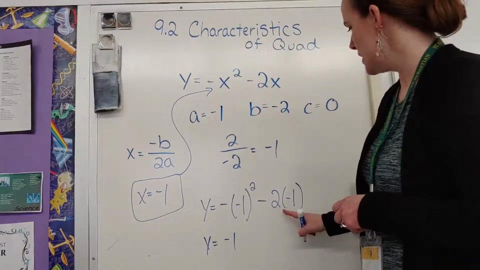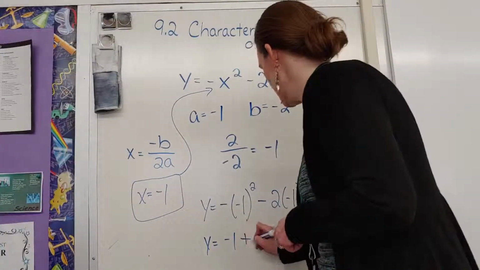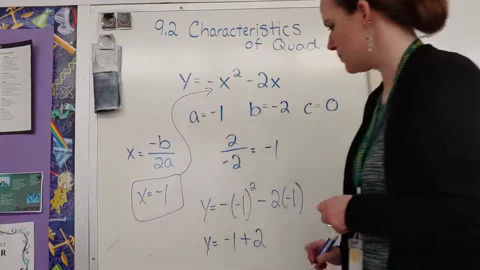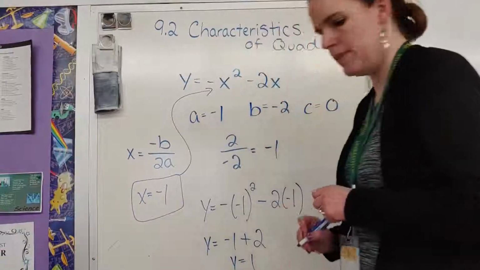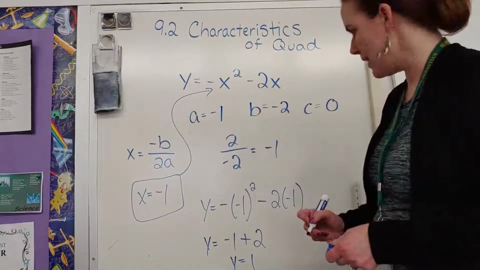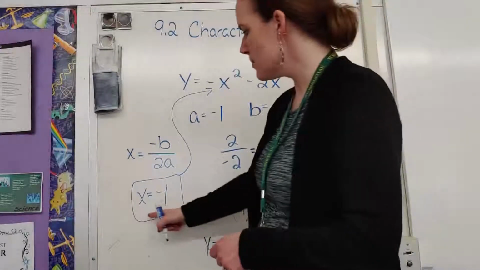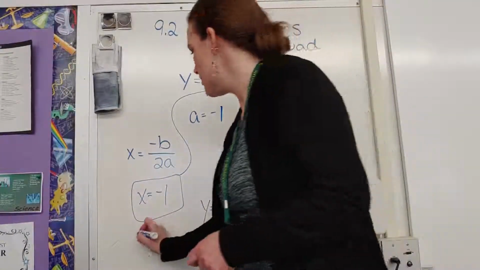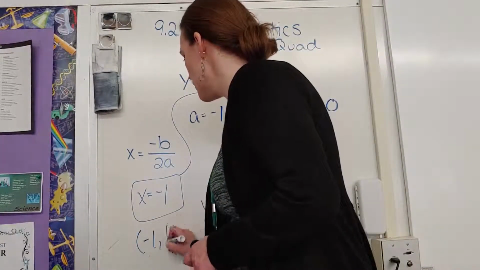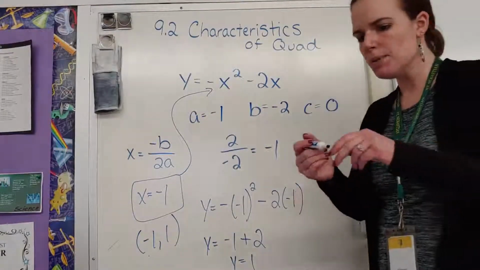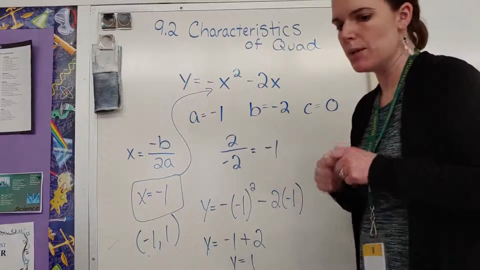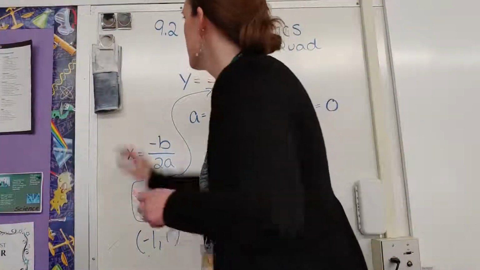And then this is plus 2. So y equals 1. This is my axis of symmetry, but my vertex is the point negative 1, 1. I'll do one more problem like that for you, but that's basically what this section is.